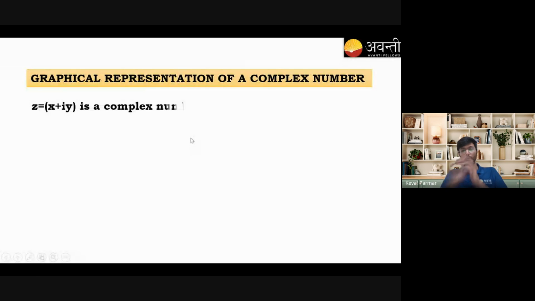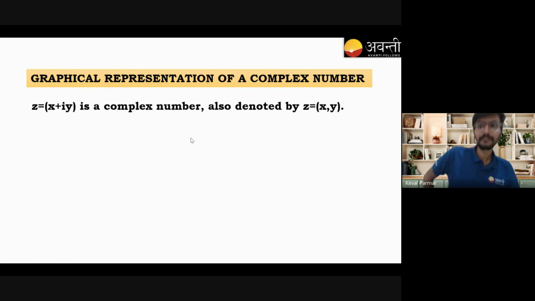The thing which I was talking about to you guys is the same thing that we are going to talk about here. That is, we can express a complex number as a coordinate. But if we try to express the complex number as a coordinate, then we need an xy plane.